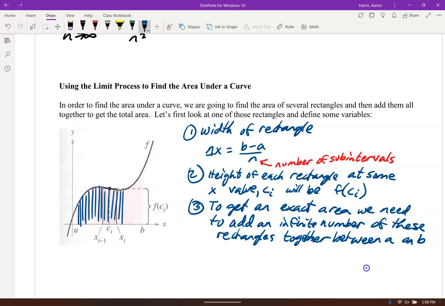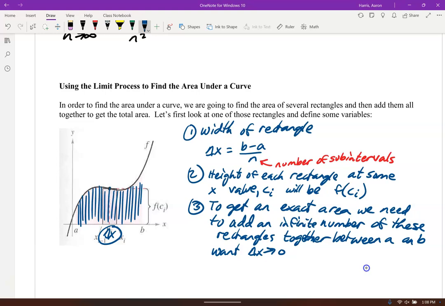A whole bunch of these rectangles, right? In other words, this delta x, that width, I want delta x to go to 0. And that will be a perfect area. So it's a limiting process.